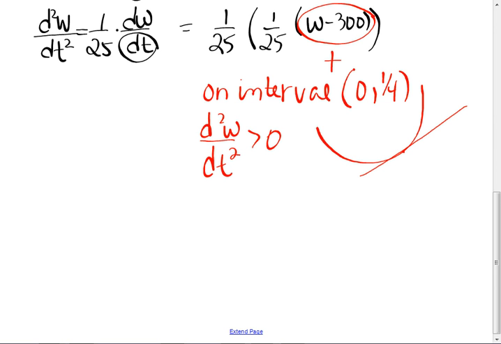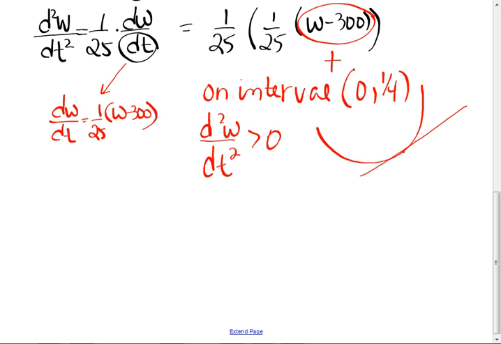How did I get that? Because at 0, we knew we were at 1400. Then at 1/4, it asked you to find the w at 1/4. And we know it's concave up because the second derivative is positive on that interval. Even I missed that. What is dW/dt? Yeah, but we know what it is. Look at your paper. It's 1/25 (W minus 300).